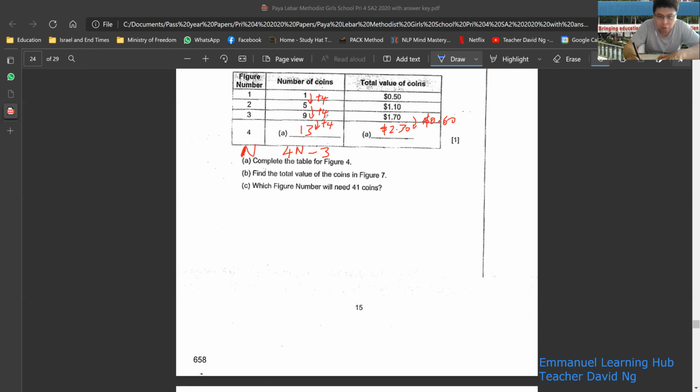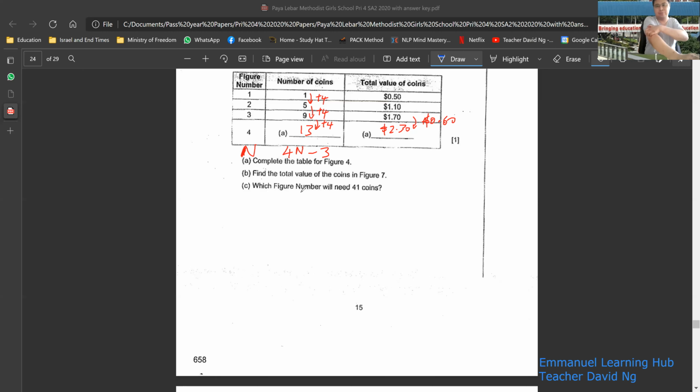This 4 is because of this 4. If I use 4n alone without minus 3, let's say you look at figure 1: 4 times 1 is 4. So it's 3 over, and I need to minus my 3 to make it a 1. So it's 4n minus 3.